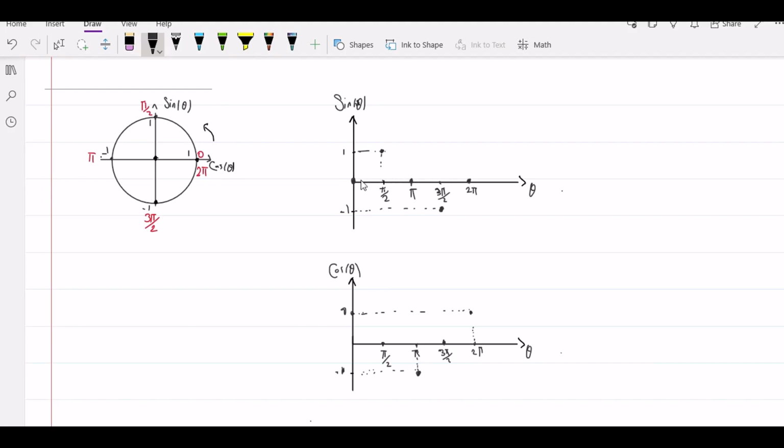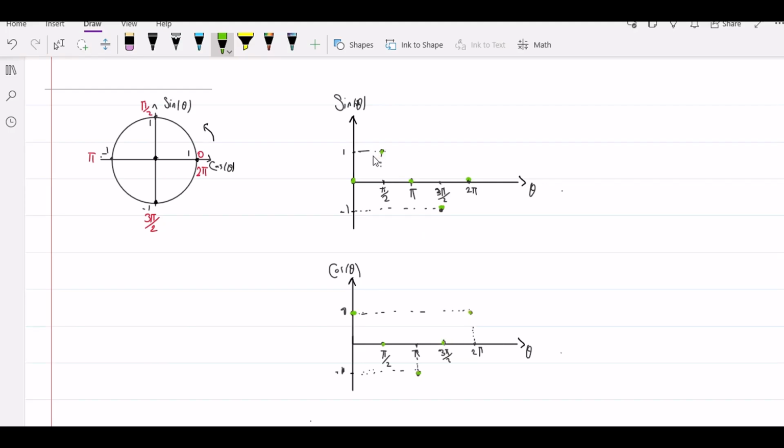As you can see here, we've got the main points on the sine graph and the cosine graph.